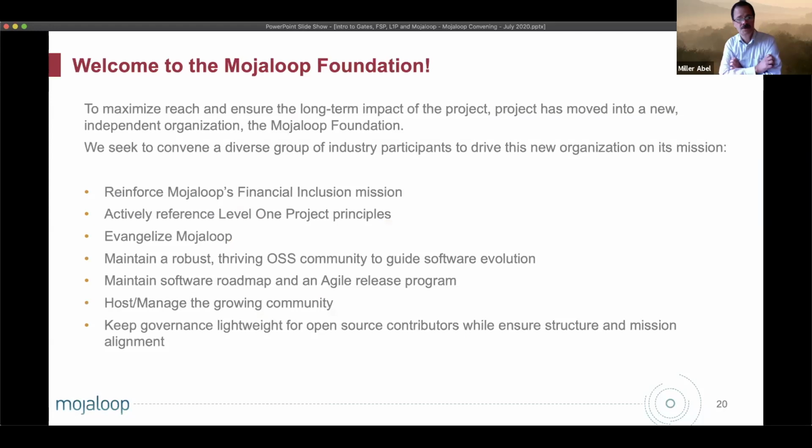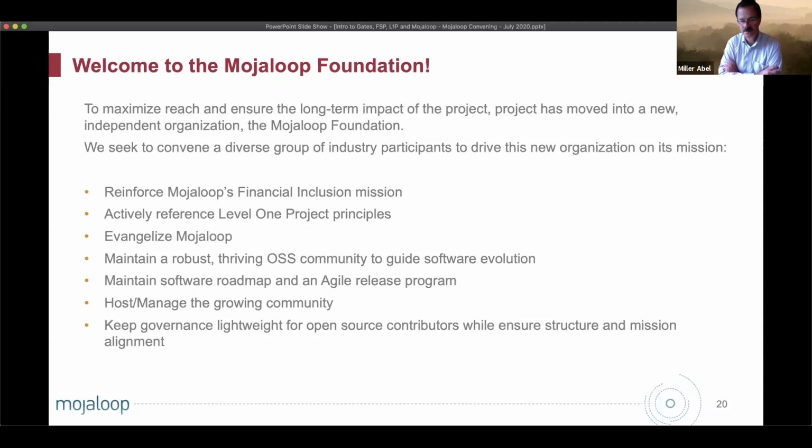So welcome to the Mojaloop Foundation. As I close this up briefly, I'd like to be sure that everyone understands that we are at this point live. The Mojaloop Foundation is a real thing. We have transferred our governance, if you will, over the Mojaloop open source project to the Mojaloop Foundation.